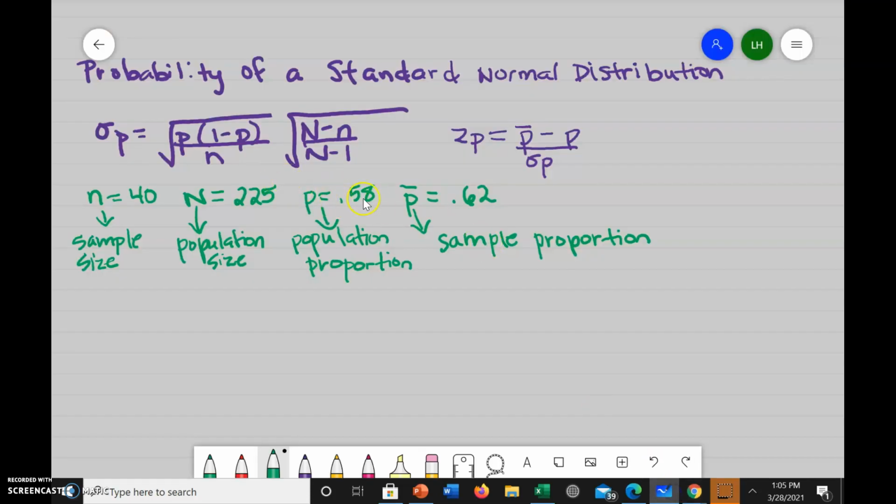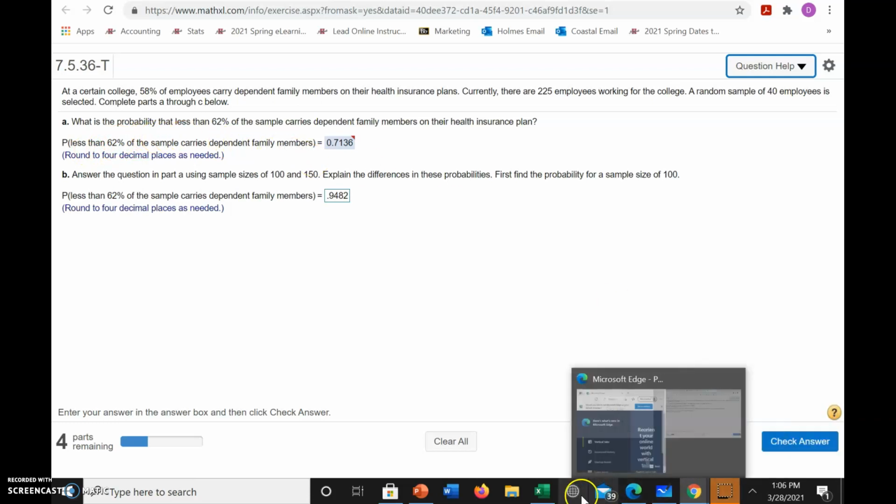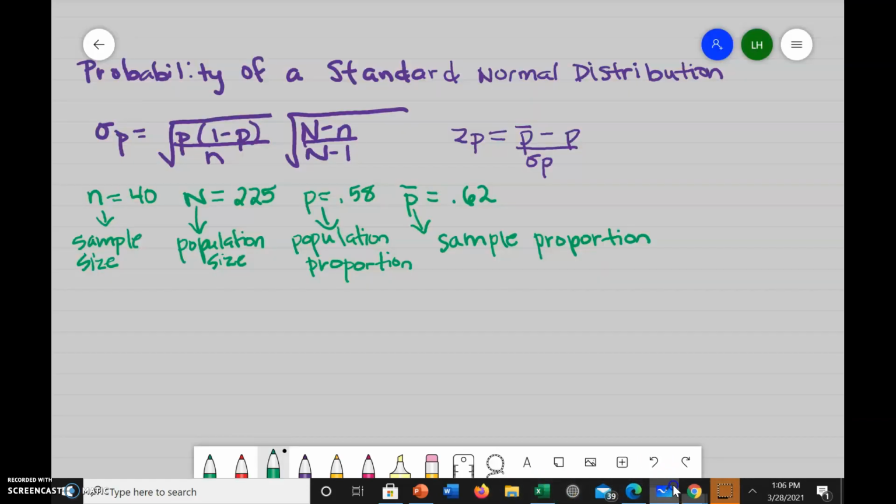Then the population proportion, it gives it to you at the very beginning: 58% of employees carry dependent family members on their health insurance plans. So that's the population proportion. We are trying to find the probability that less than 62%, so 62% is our sample proportion.